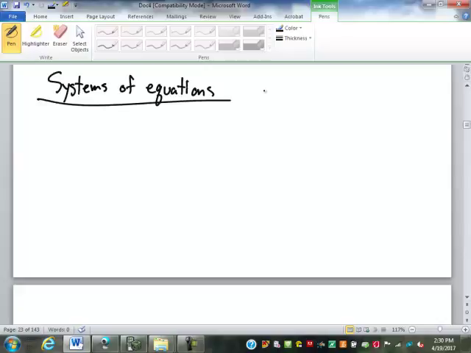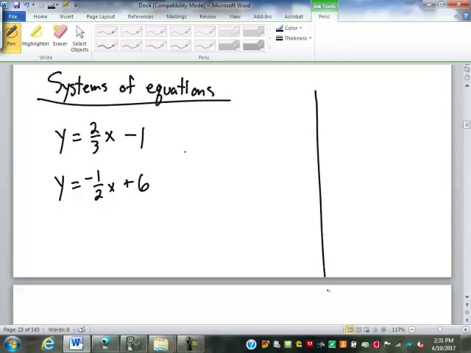So we're going to start out with graphing equations. So a system of equations, we might have y equals 2/3 x minus 1 and y equals negative 1/2 x plus 6. And we're going to graph both of those.